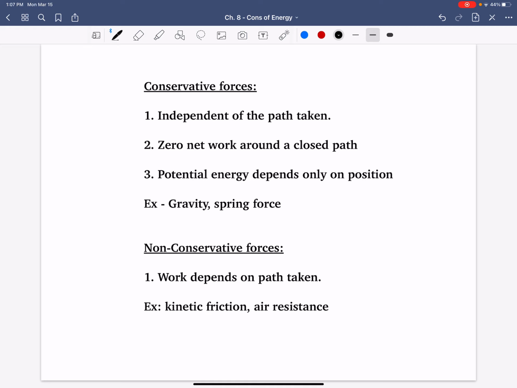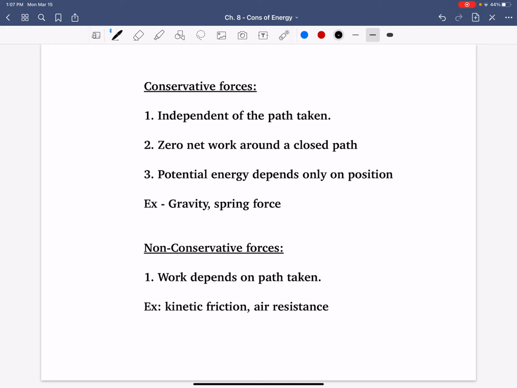For non-conservative forces, this previous example does not hold. The work done by a non-conservative force depends on the path taken, right? In other words, the energy expelled by a non-conservative force depends on how far or how long that force acts on it. For example, kinetic friction.